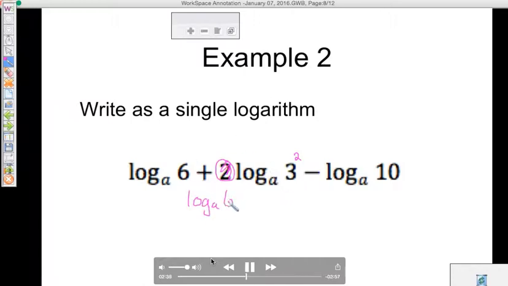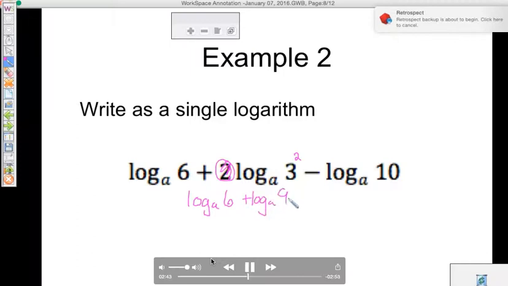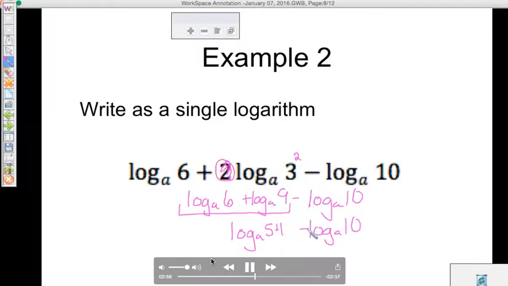So we have log base a of 6, log base a of 9, log base a of 10. Adding goes to division. We got 54. And then that would go, or adding goes to multiplying, excuse me. And then we have subtraction, so that would go to division. So log base a of 54 divided by 10.